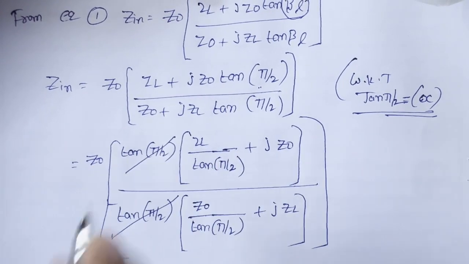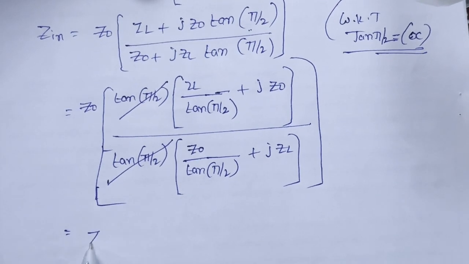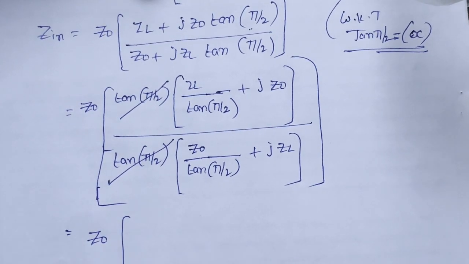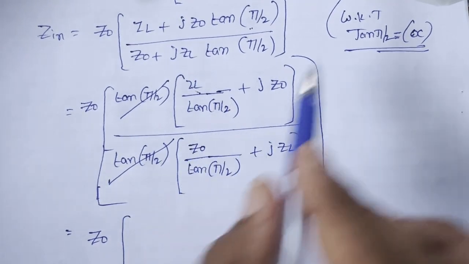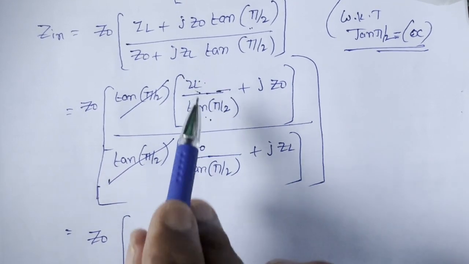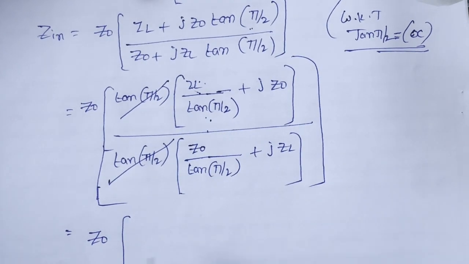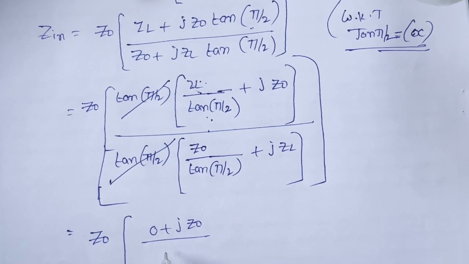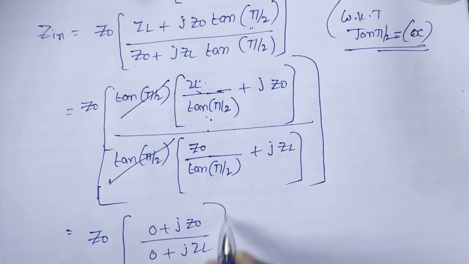This one will get cancelled. Then Zin is equal to Z0 into, look at here, ZL by infinity, since tan pi by 2 means infinity. So this value will become 0 plus jZ0 by, here also 0 plus jZL.